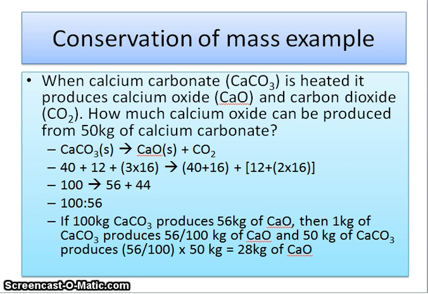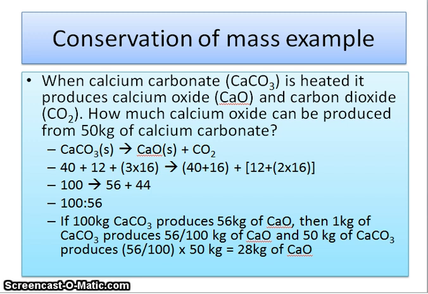You've been given all the information in the question. Calcium carbonate is CaCO3, calcium oxide is CaO, and carbon dioxide is CO2. Double check that it balances first of all: whatever's gone in comes out, and in this case it does. Don't be worried about the little (s) in brackets there, it just means solid.